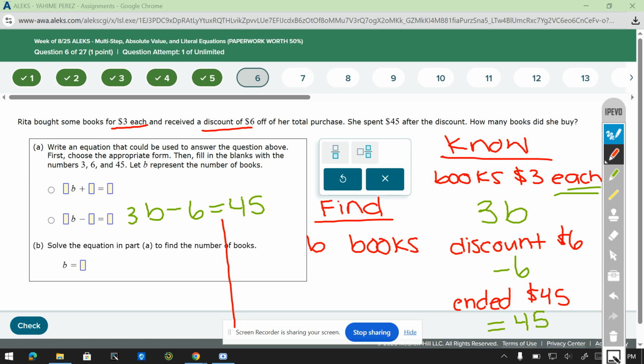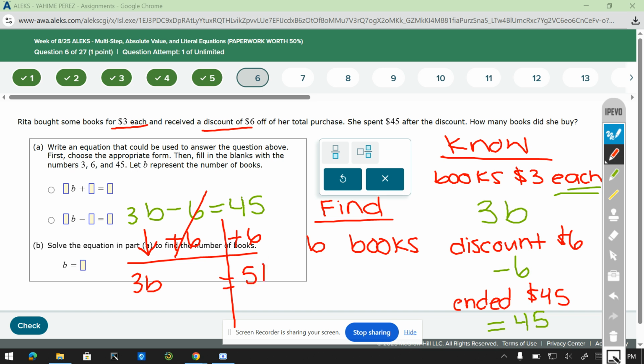So this is a two-step equation. I'm trying to get b alone. I hopefully know that I'm going to get rid of the minus 6 first by doing the inverse, which would be to add 6. Simplifying here, I didn't do anything with the 3b, so I'm going to take it down. Negative 6 and positive 6 goes to 0, and 45 plus 6 is going to be 51.